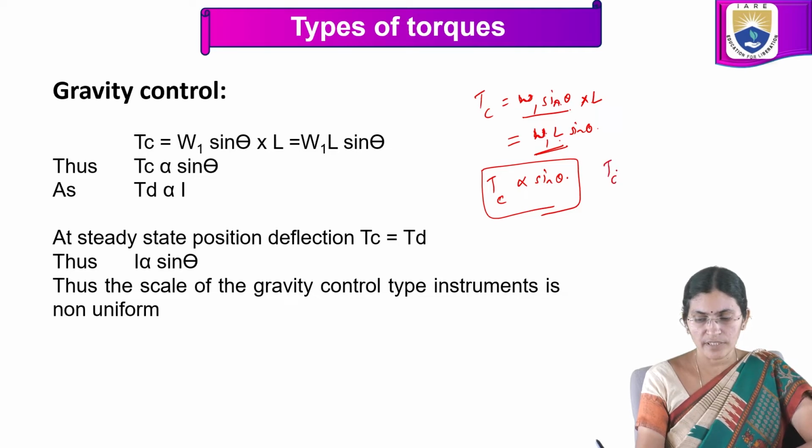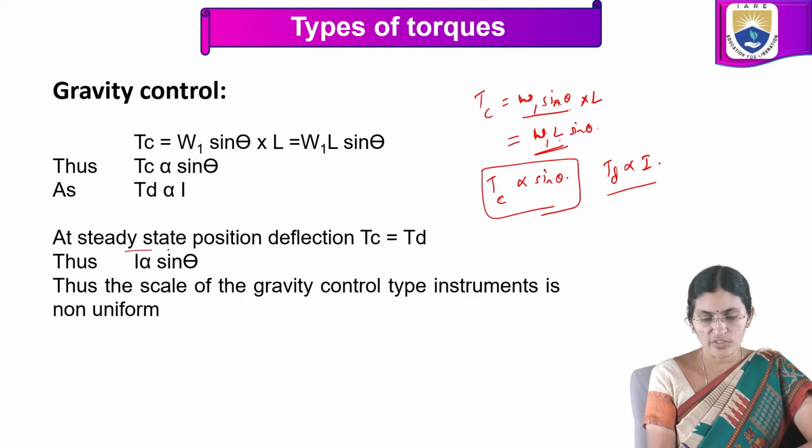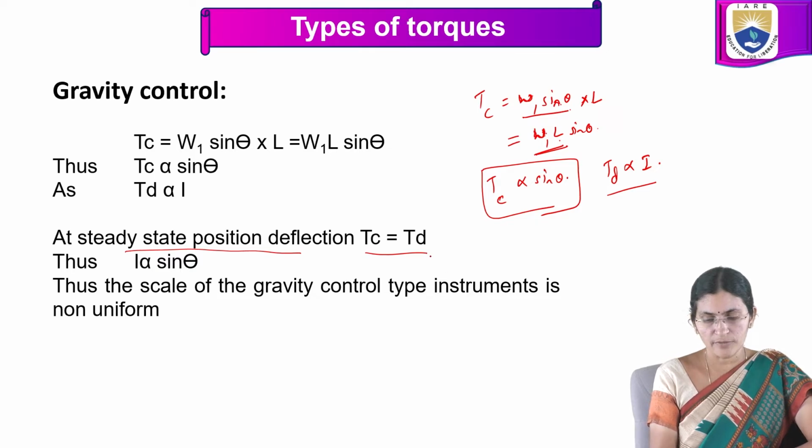So if TD is proportional to I, that is deflecting torque is proportional to I. So at equilibrium position or steady state position, TC is equal to TD. So from this we can say that I is proportional to sine theta.